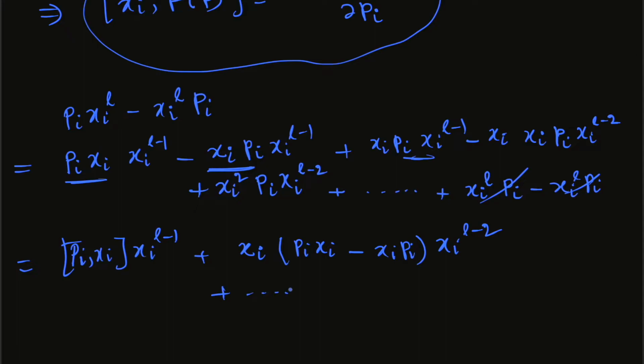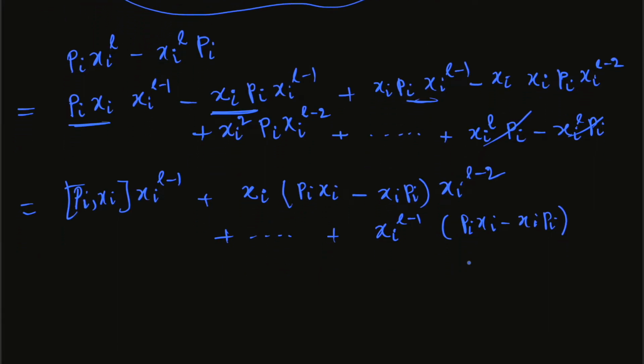Similarly, we can express like this, and the last term will be x_i to the power l minus 1 into p_i x_i minus x_i p_i, there will be x_i and p_i.